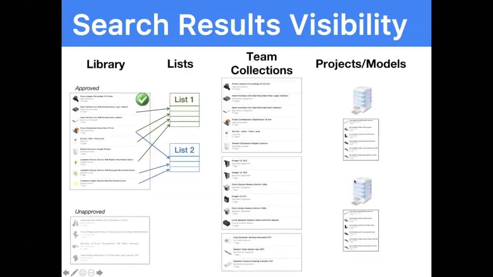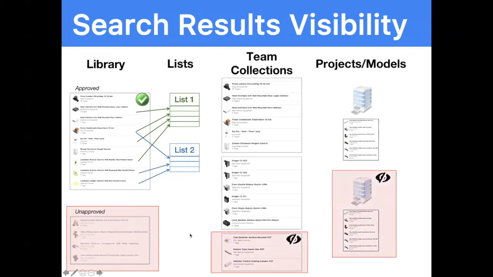So if you remember, these are all the different areas where families are stored, where content is stored really, within Kinship. So when you search, you will not see results from unapproved, right?